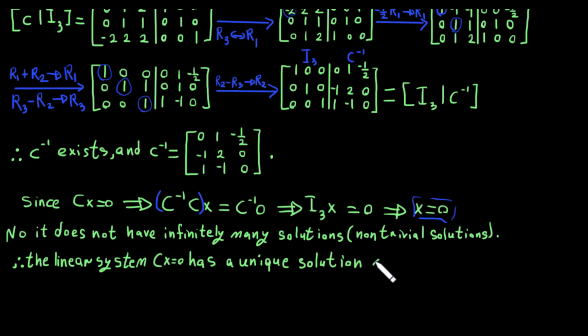And here x equal to x1, x2, x3 equal to 0, 0, 0.